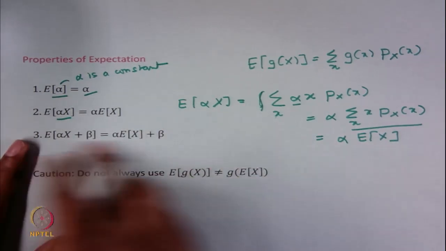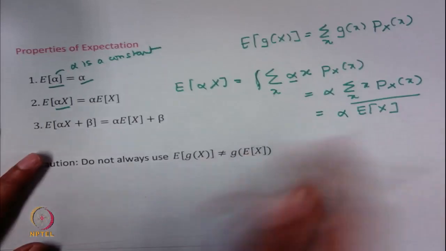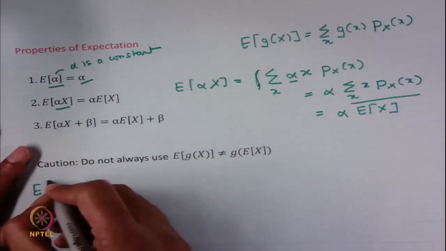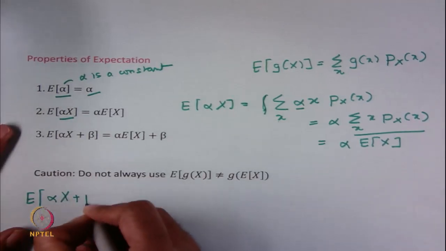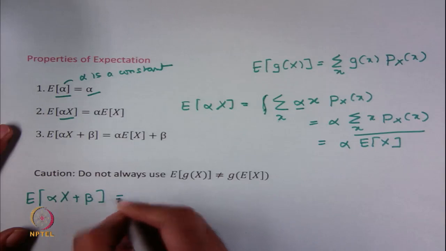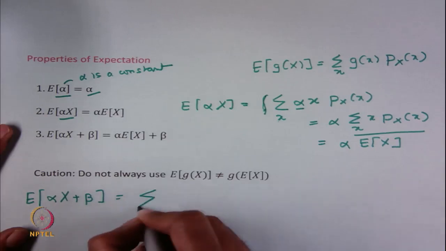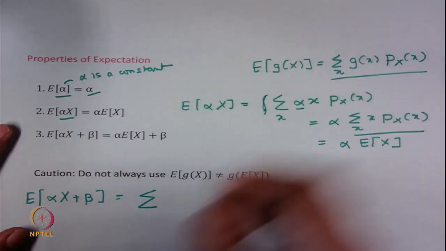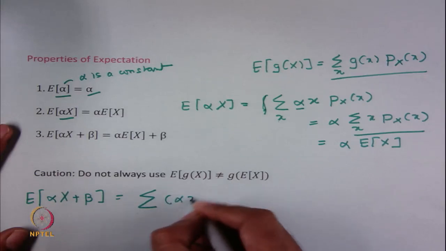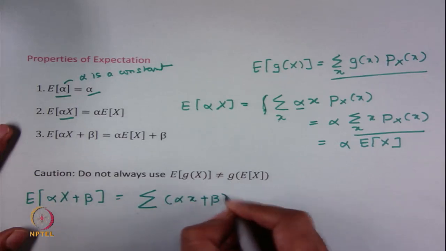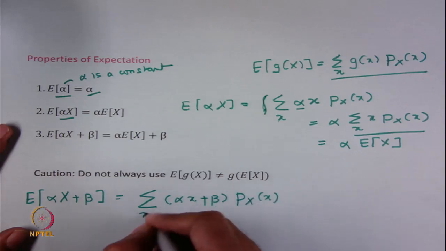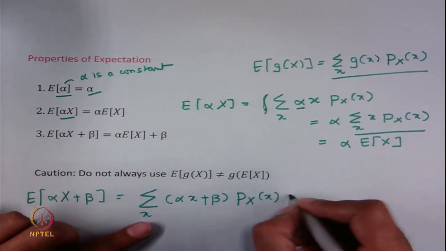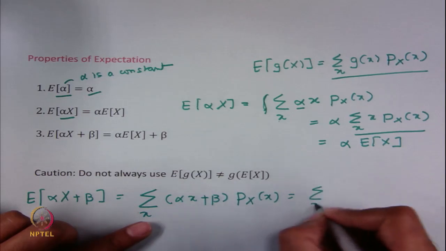Let us look at this as well. What is the expected value of alpha x plus beta? Plug it into the equation that we have, working out some steps.